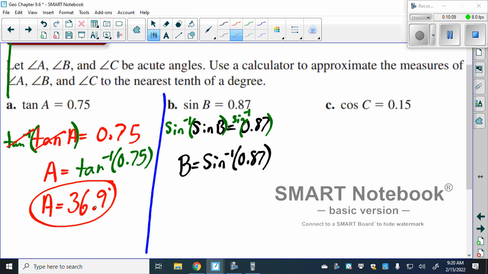Yep, so that was just a copy error. Thank you for catching that. So that does change the value by almost 2 degrees. Okay, so yes. Any other questions on the first one besides that copy error?